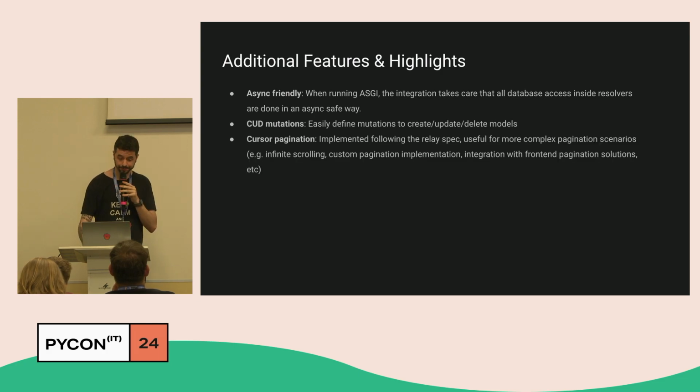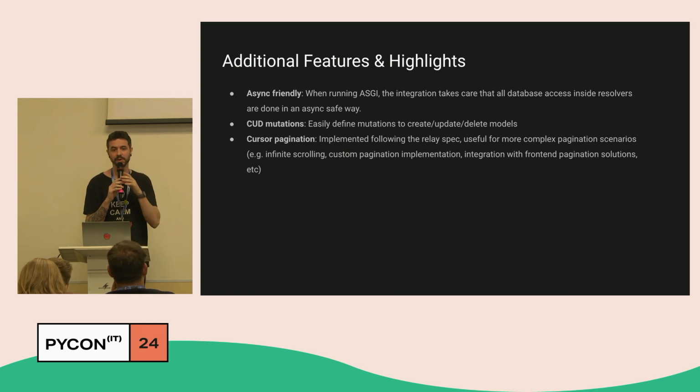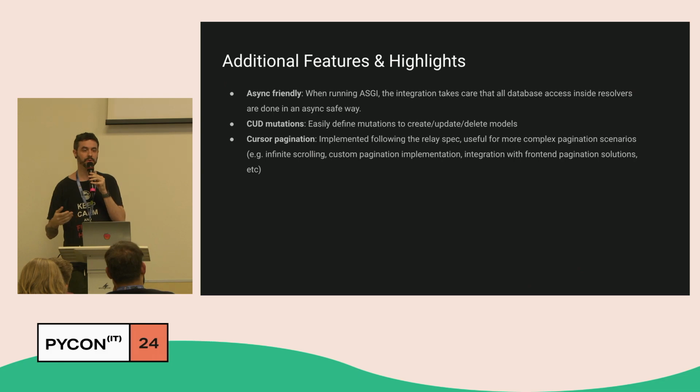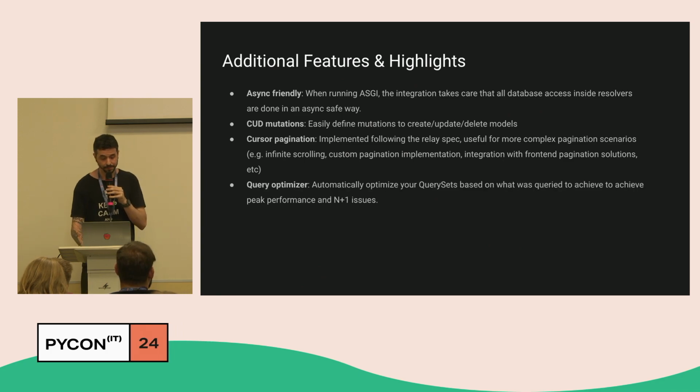It does provide cursor pagination as well. I showed an example using limit and offset, but most of the times you do have a more complex scenario where you want more control over it, and you can use a cursor pagination strategy for that.